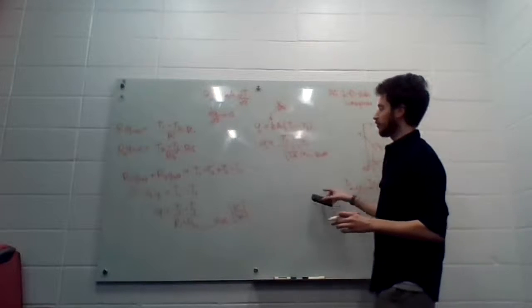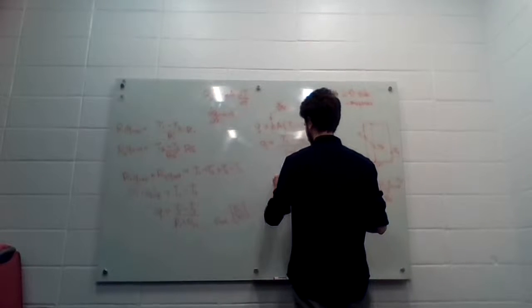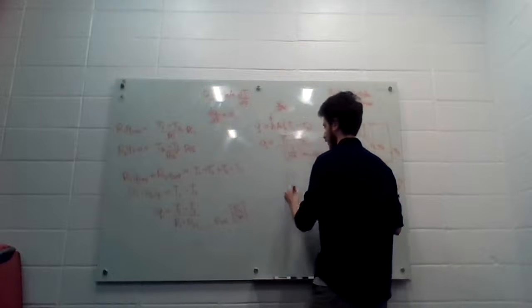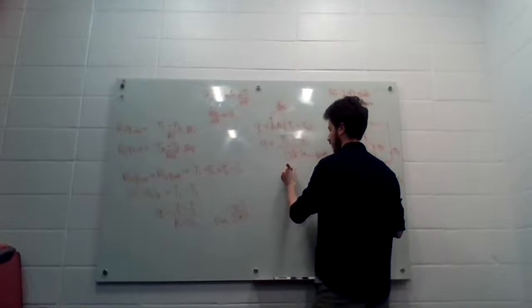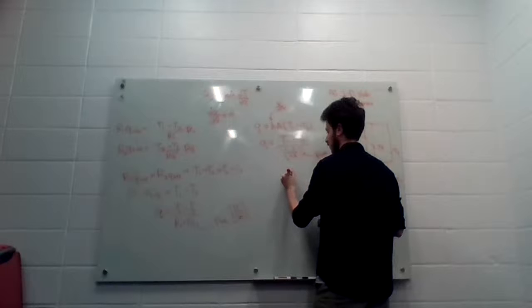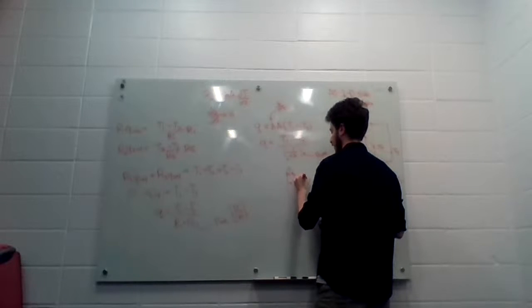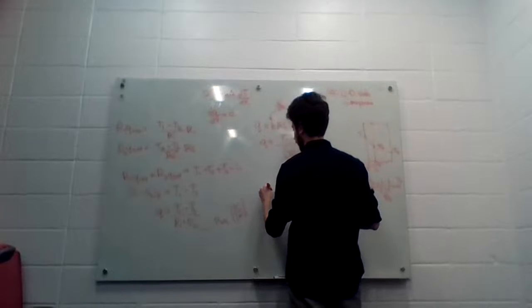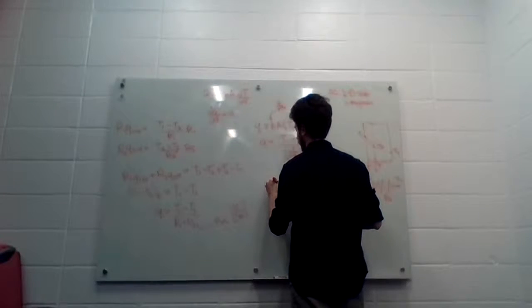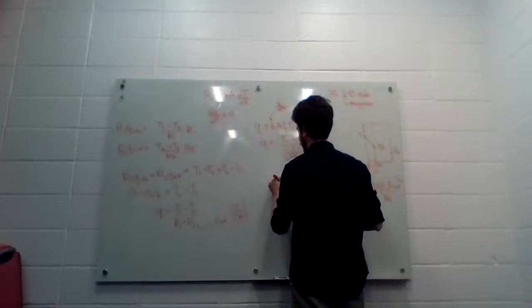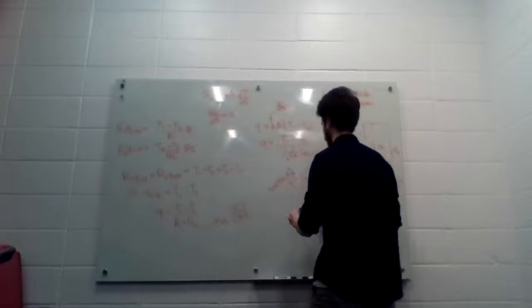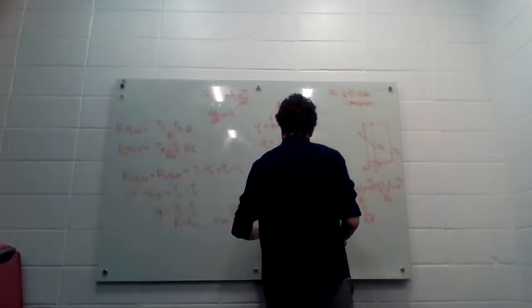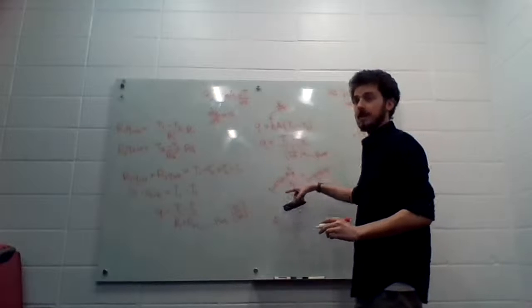So if you've got a really simple wall that's just gypsum board with thickness L and thermal conductivity K, and then on the outside you've got H equals 20 watts per meter squared Kelvin, and on the inside you've got H equals 6, your equivalent thermal resistance for that wall is just 3 resistors added up, right?